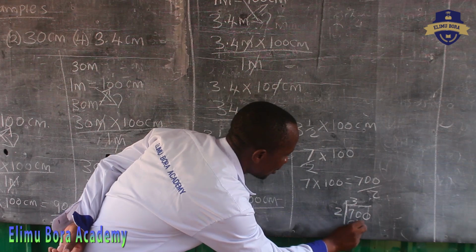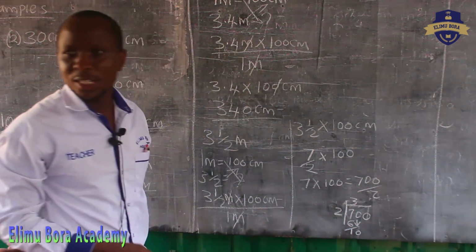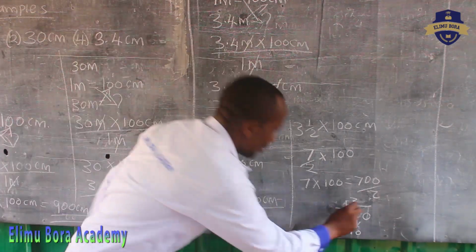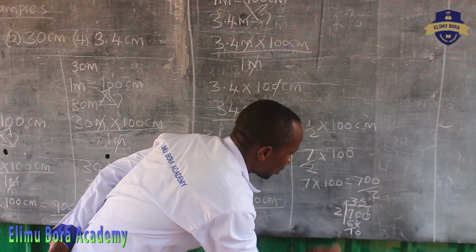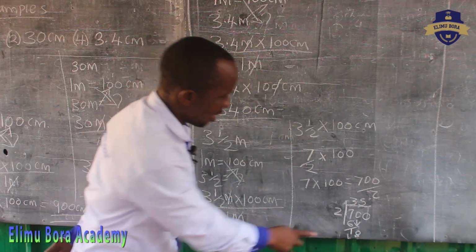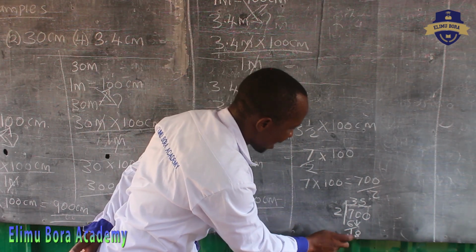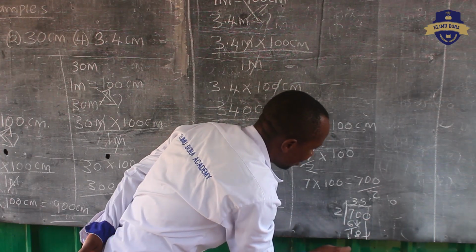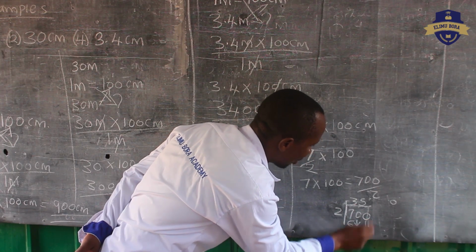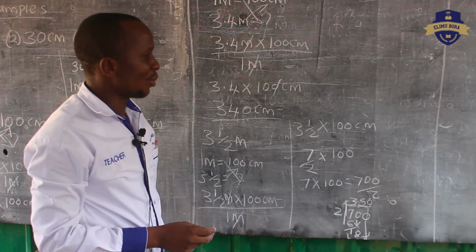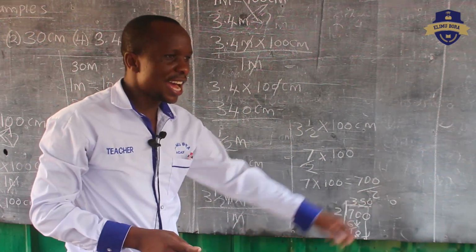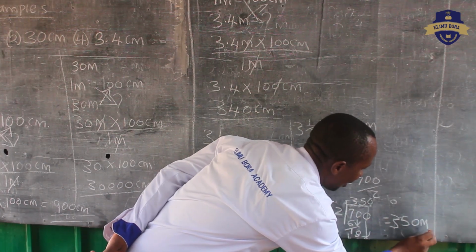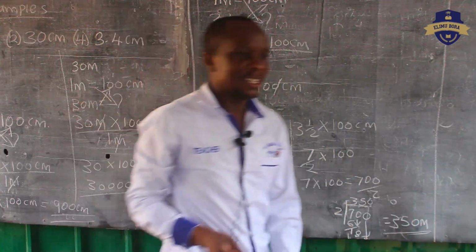We drop 0, it becomes 10. 10 divided by 2? 5. 5 times 2? 10. 10 minus 10 gives 0. Then you drop the 0, and you also add 0 there. So our answer will be 350 centimeters.